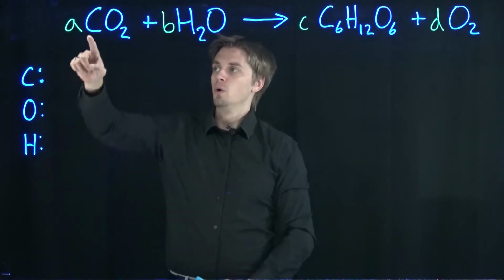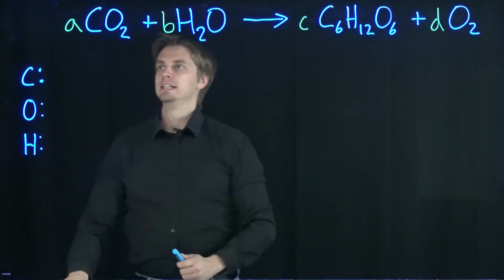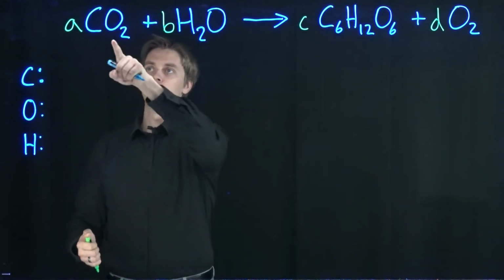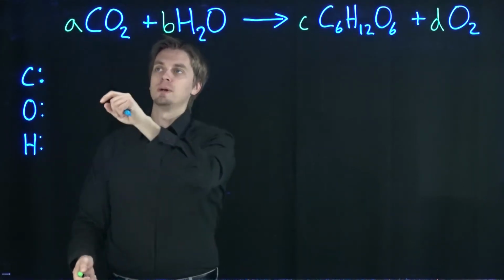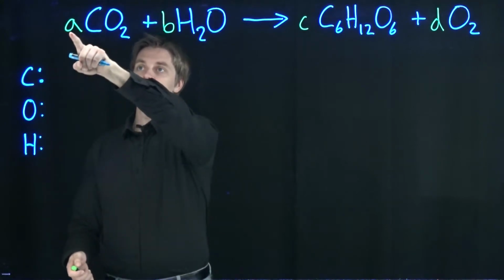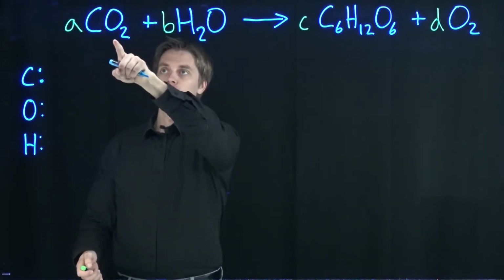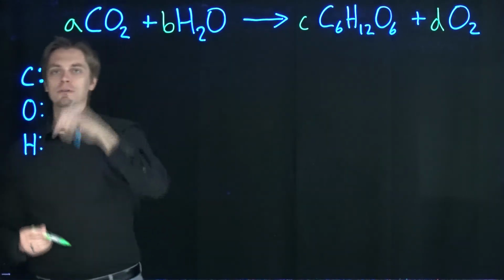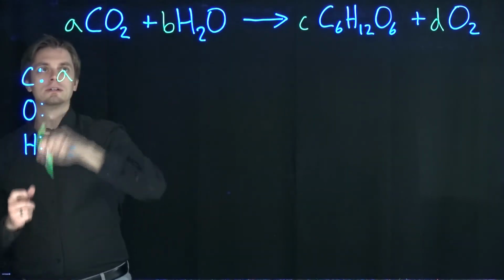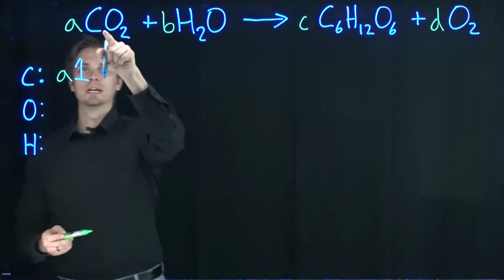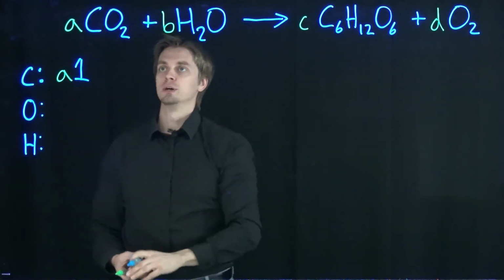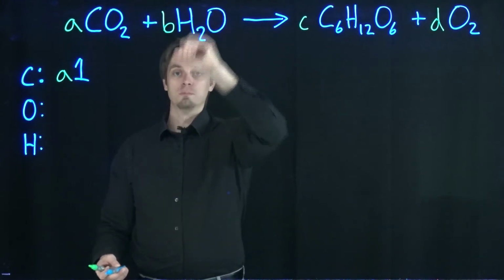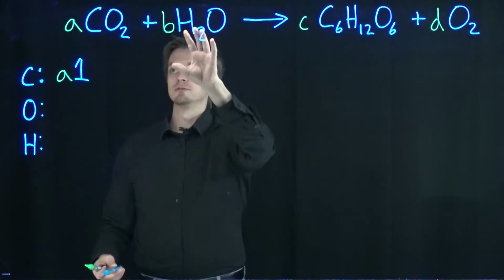So to do that, we're going to walk through and we're going to see that for each one of these carbon atoms, right, for each one of these CO2 molecules here, we have a single carbon atom. And if we have A CO2 molecules, this term here is going to give a total contribution of A times 1, right? Because there's only 1 carbon atom per CO2 molecule. There are 0 carbon atoms in this water molecule here, so we don't have any contributions from that.